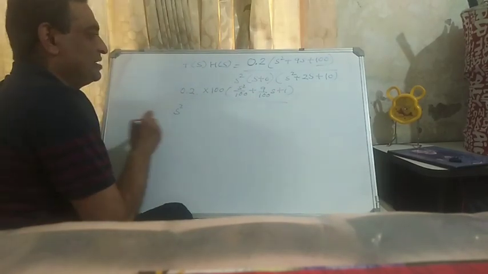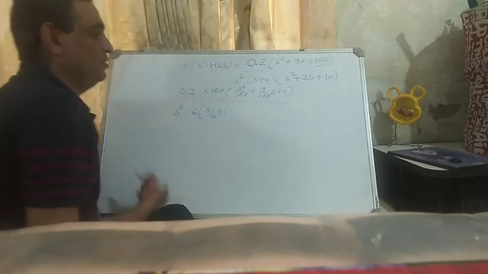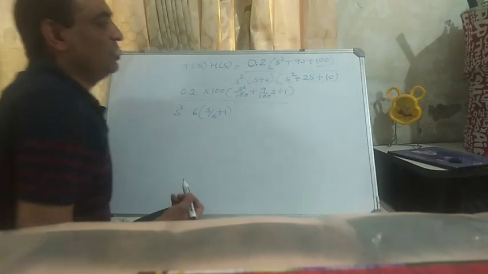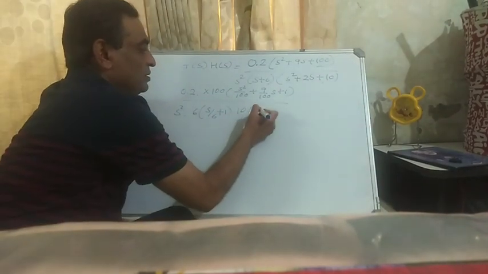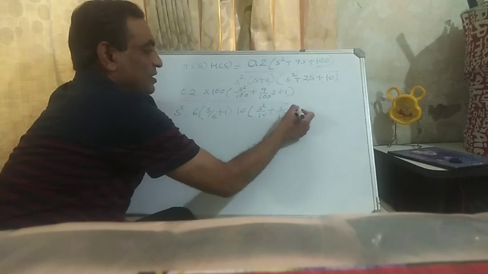s square I will keep as it is, 6 common, so s by 6 plus 1. Since the coefficient of s raised to 0 in this term is not 1, I will take 10 common. Then this is s square by 10 plus 2 by 10 s plus 1.